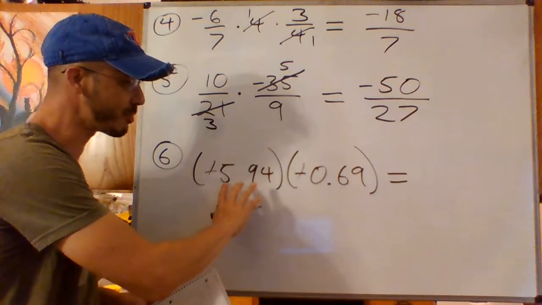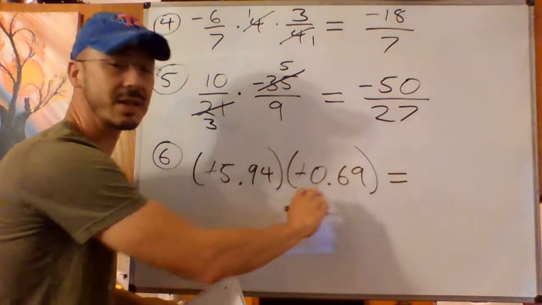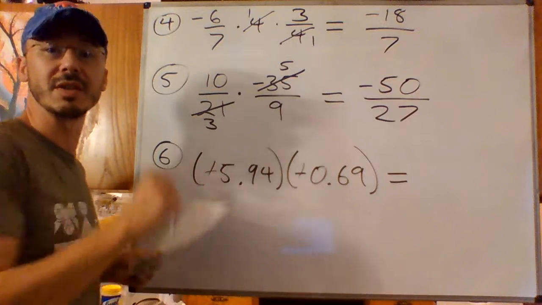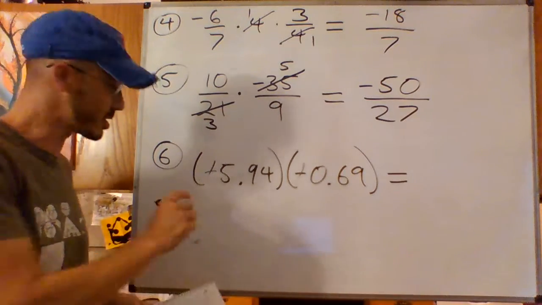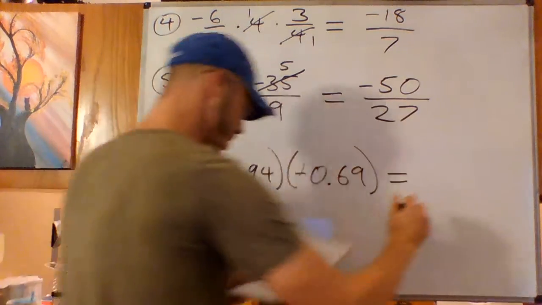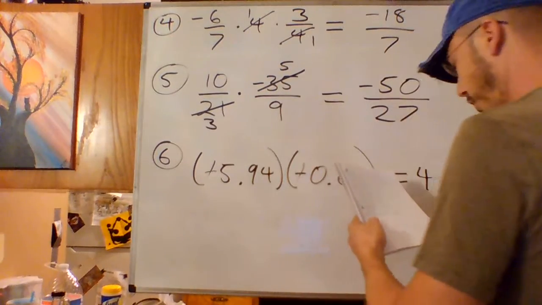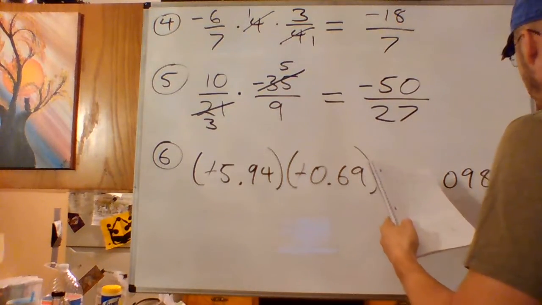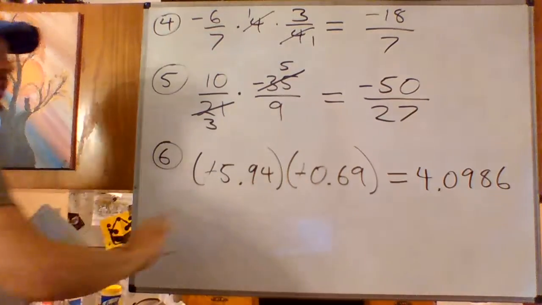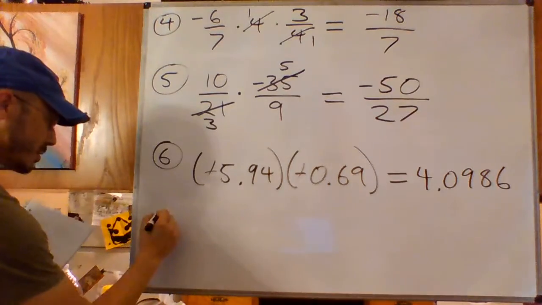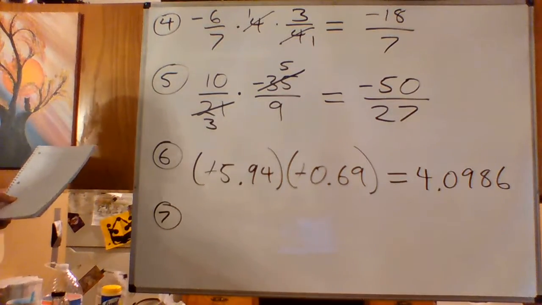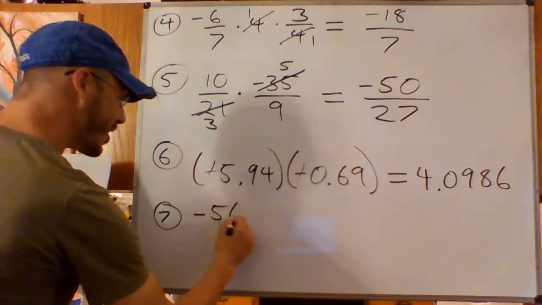With these numbers, 5.94 and 0.69, you don't have to use parentheses because there's no negatives. You can just type this number times this number, and you should get 4.0986. And try that out on your calculator to make sure you're using it right, and to make sure it works.